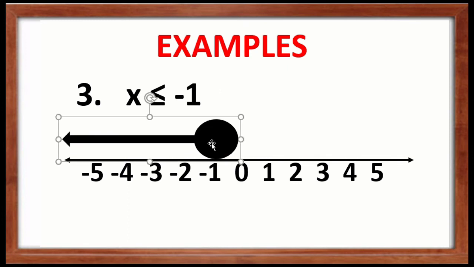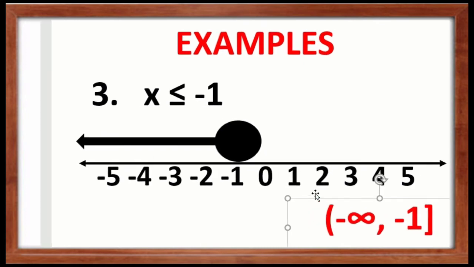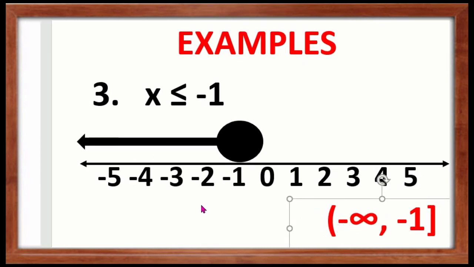Okay, then we're going to adjust. The end point of this arrow, the function of this is negative infinity. Therefore, the possible interval is from negative infinity up to negative 1. That is half open because negative 1 is included for the solution of x.